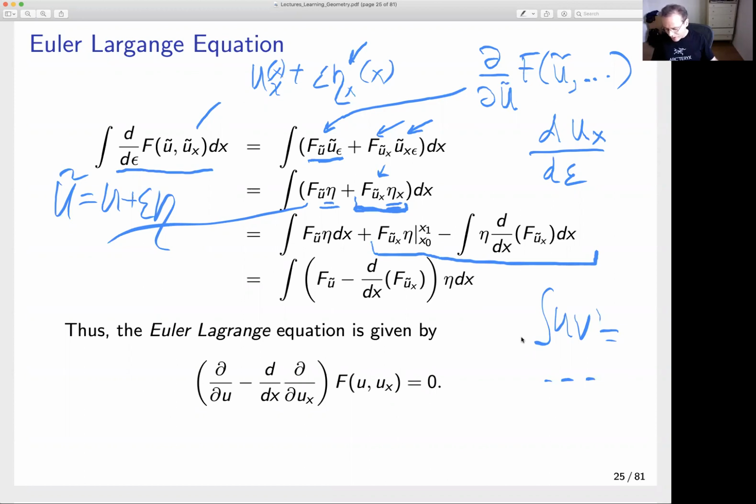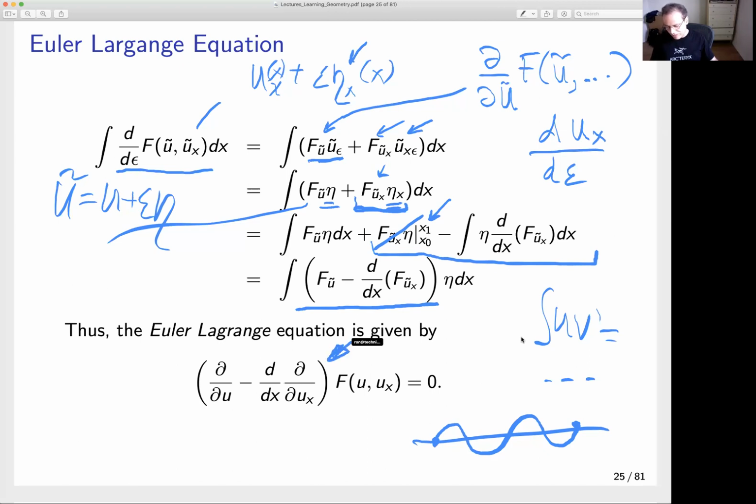And remember that without loss of generality, what I did is use the fact that my eta of x is zero at the boundaries, okay? So this guy would be nothing but 0, so it goes away. And what I have at the end is exactly what I told you would be the case, which is nothing but the Euler-Lagrange equation.